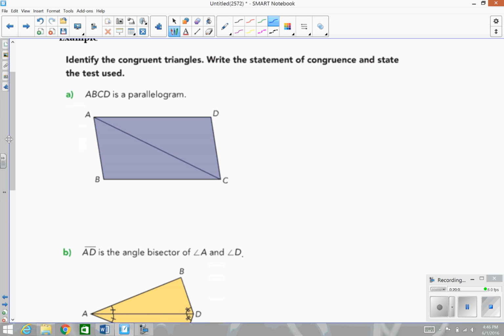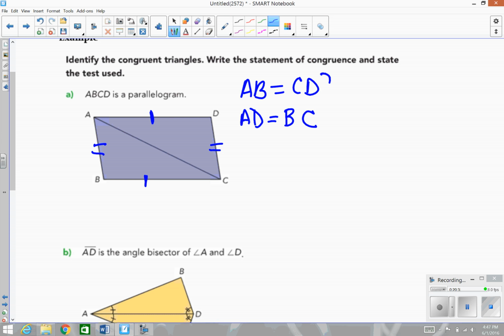It says identify the congruent triangles, write the statement of congruence, and state the test used. So we have ABCD as a parallelogram and we have the diagonal. I'm going to start by saying that AB equals CD, and similarly, I'm also going to say that AD is equal to BC.